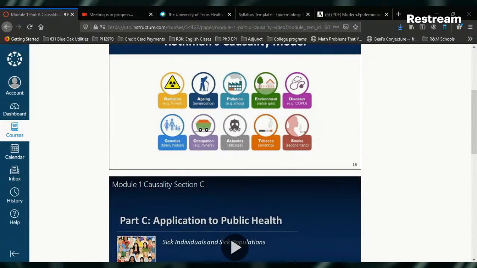Rothman's model accommodates this complexity of cause. Here, varied risk factors for lung cancer are shown. In the bottom right-hand corner, cigarette smoking is depicted next to secondhand smoke, which has also been implicated in lung cancer. Certain environmental exposures confer risk for lung cancer, like lead, gas, and/or asbestos, such that certain occupations are also known to increase the risk for lung cancer.